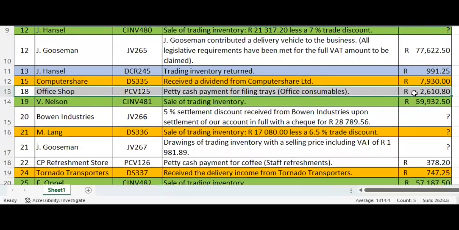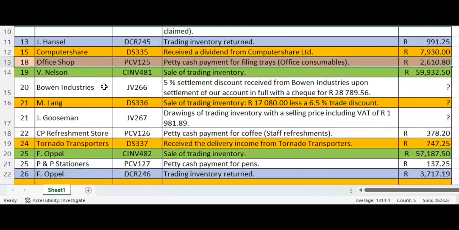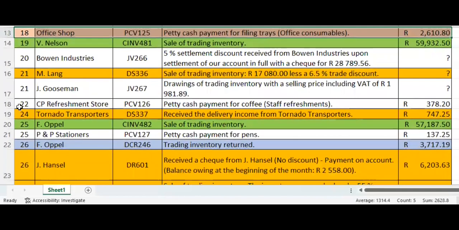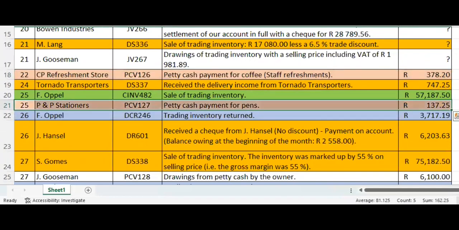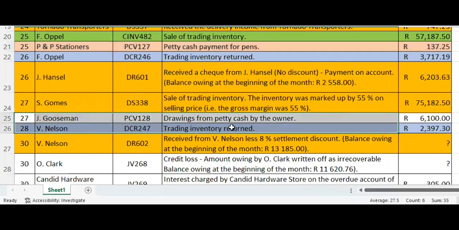So let's have a look there. Here's the first one. Okay. PCV. Here's the second one. PCV. Here's a third one. PCV. And you're not worrying about the details now, you're only identifying the transactions. Here's the fourth one.